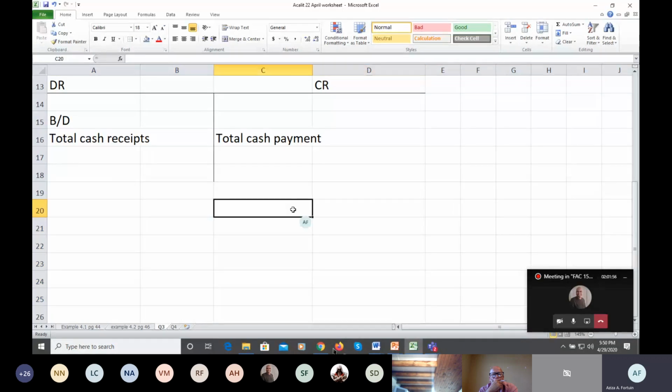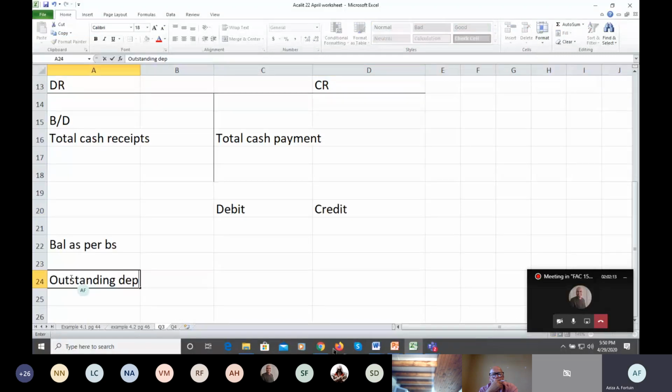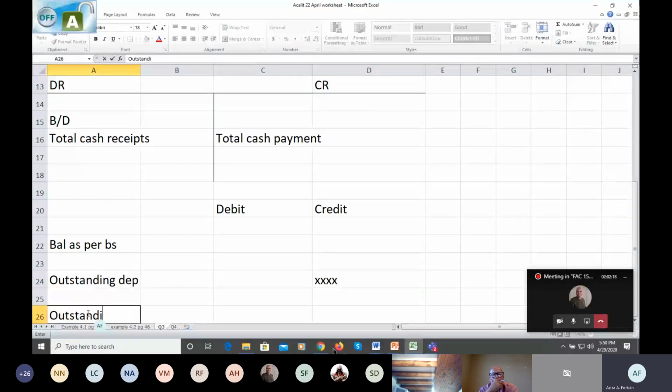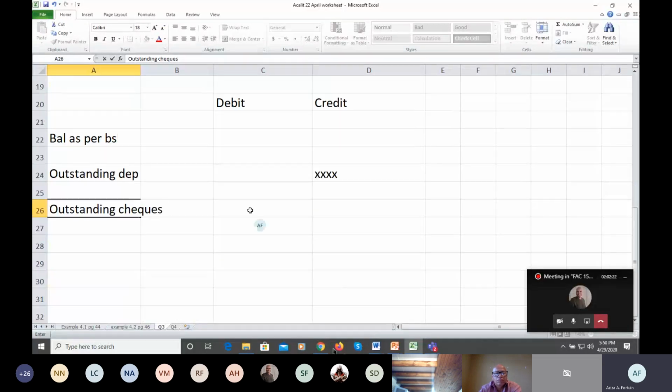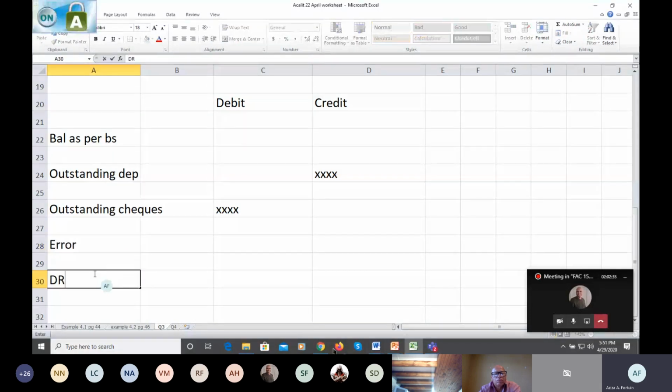We're going to put here outstanding deposits, and we know that outstanding deposits is always going to credit. We're going to put here outstanding checks. Don't get confused now with outstanding checks and outstanding deposits. And then we said there would be an error maybe. And then we're going to say debit or credit balance as per bank statement. And then let's just call it here the total.